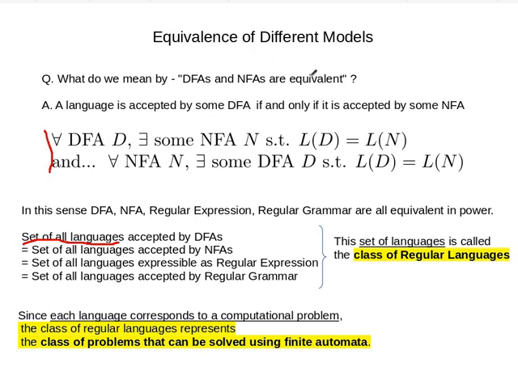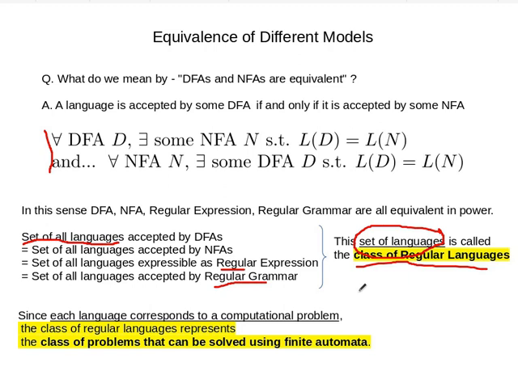And similarly, there are other equivalent computational models like regular expression and regular grammar. So they will also accept some language, but we will show that all these things are equivalent to each other. So the set of all languages accepted by any of these types of models is actually the same.